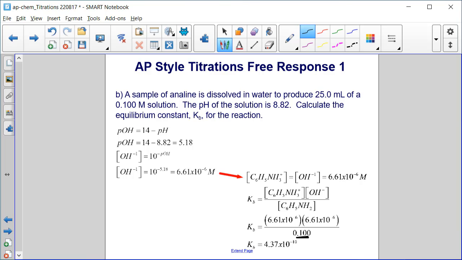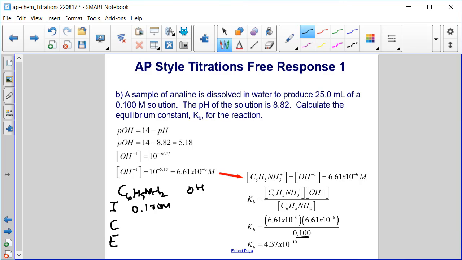And if you don't remember how this works, remember we can talk about initially we have all aniline, right? C6H5NH2, and it's 0.1 molar.